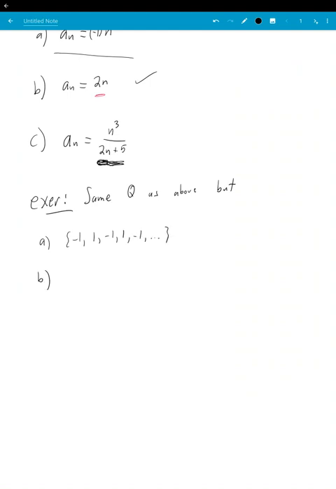B: 1, root 8, root 27, root 64. And finally, C: 1 over 9, -1 over 12, 1 over 15, -1 over 18, dot dot dot. Okay, we will pick this up in the next video.